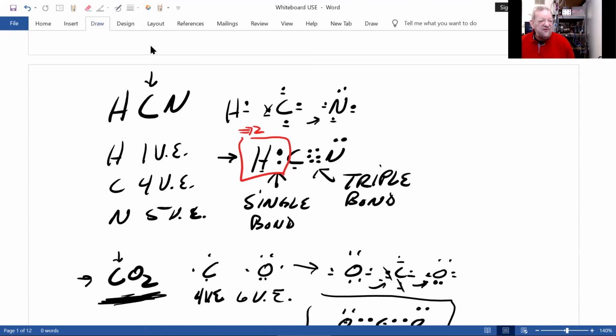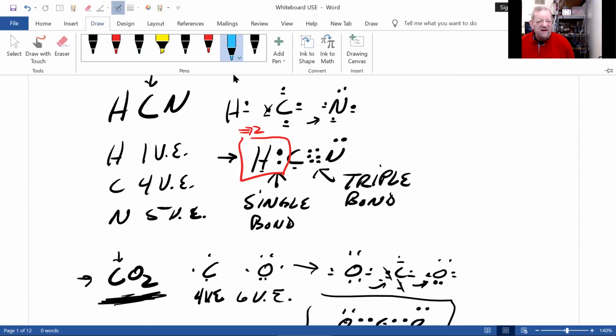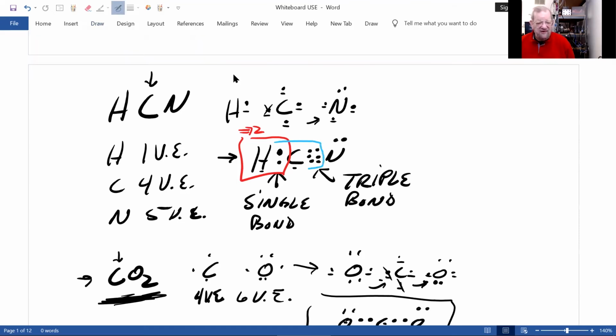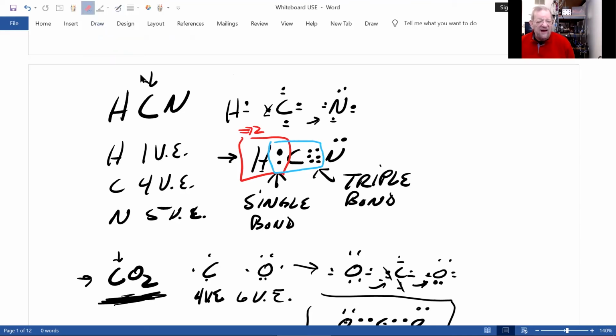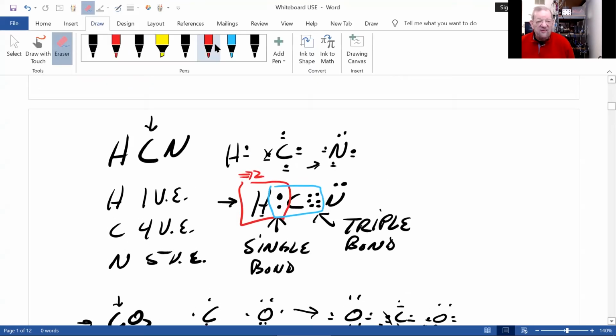But now let's look at carbon. How many electrons, shared and unshared, does it have? If we look in the blue box and count dots, valence electrons, there are 8. So it has an octet.